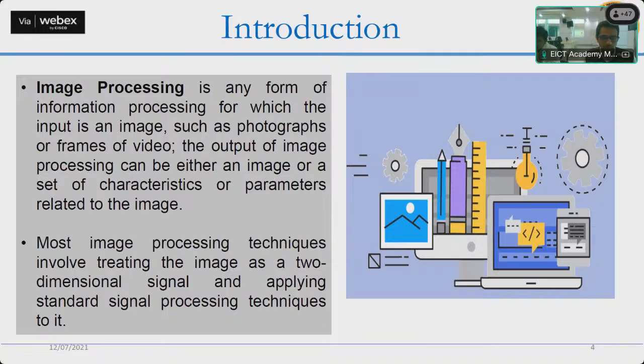Then what is the output? The output of image processing can either be an image or a set of characteristics or parameters related to the image. What do you mean by characteristics or parameters? For example, some information is interpreted.